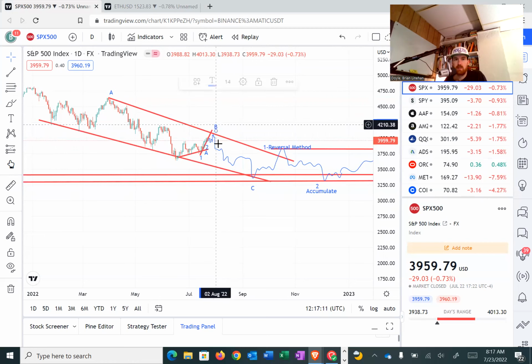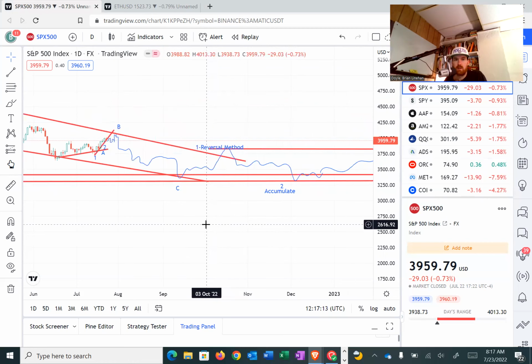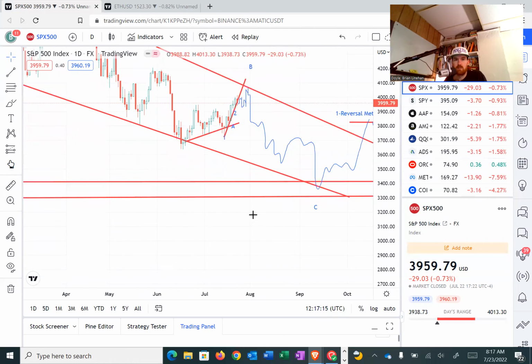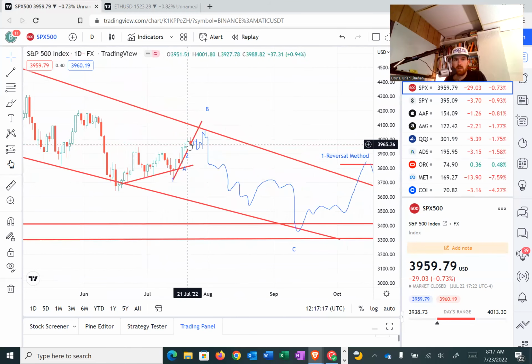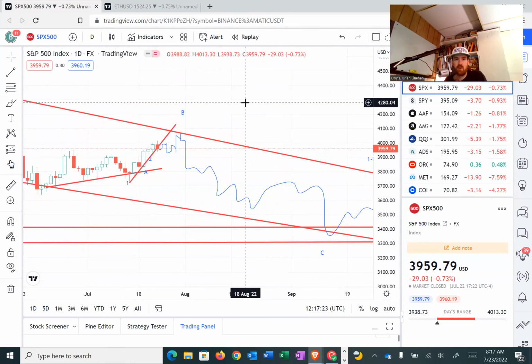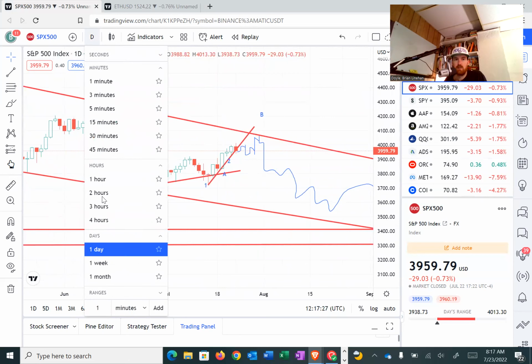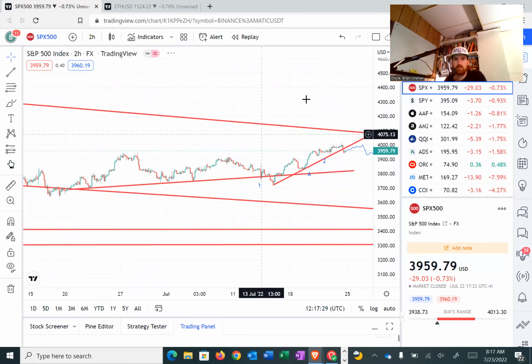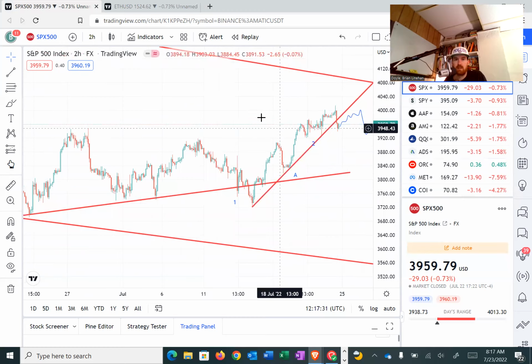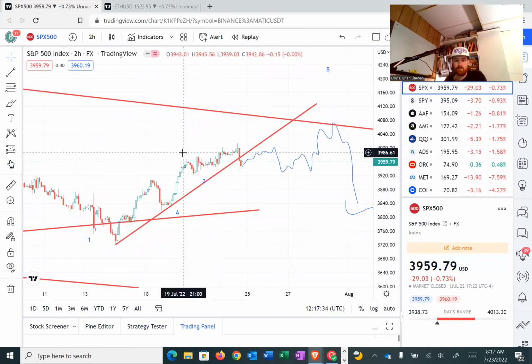If this is B, okay. Again, we can look at it a little bit closer here. If we're here and we're breaking through this trend line, and actually, funny enough, I think this is that other pattern also playing out at the same time if we're looking at the 2 hourly again. So we can look at that first, but this is the trend line accelerating.